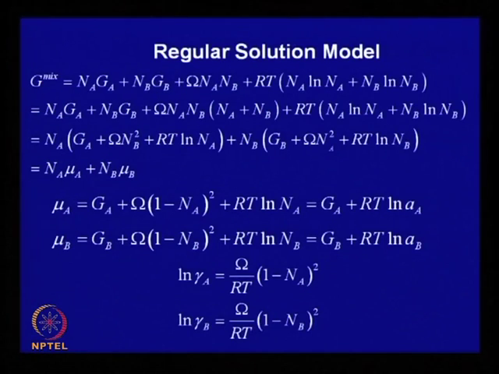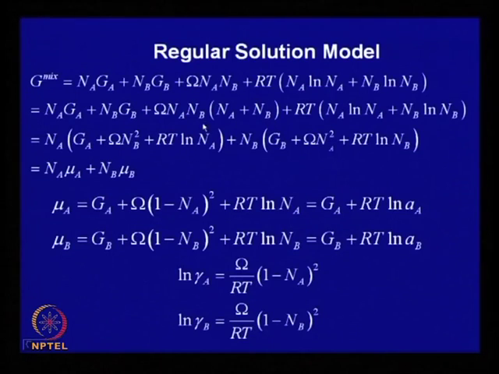This is what has been worked out, the regular solution model. If you substitute this and do a little algebraic simplification, here we have multiplied by Na plus Nb. These are atom fraction A and atom fraction B, and they add up to 1.